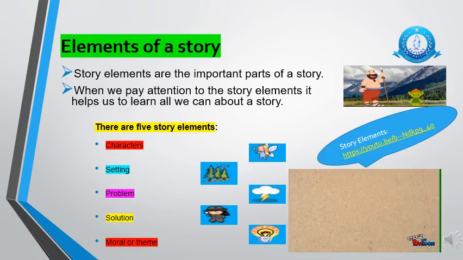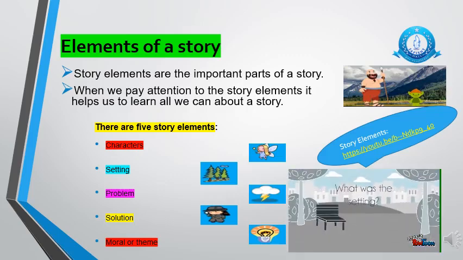Who were the characters in our story? Ollie and Janessa are the people who the story was about. What was the setting? The setting is the park because that is where most of the story took place.